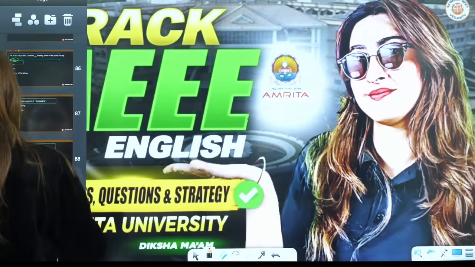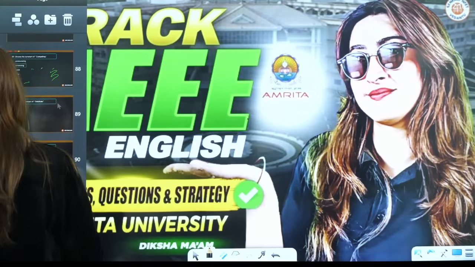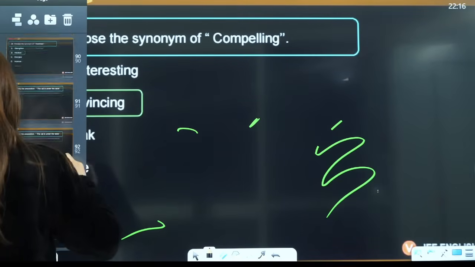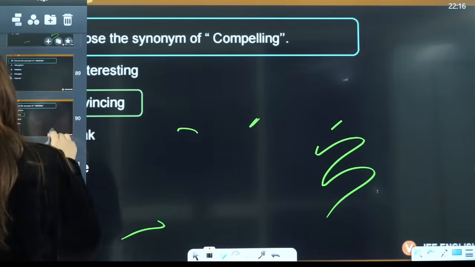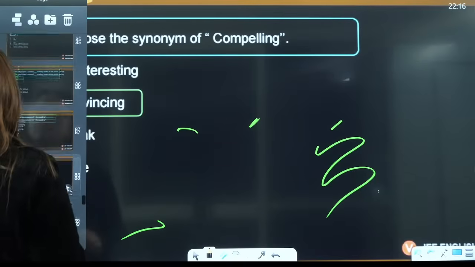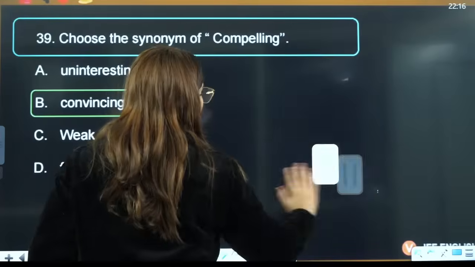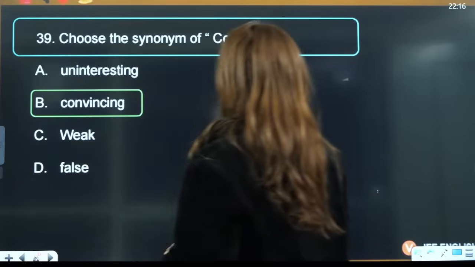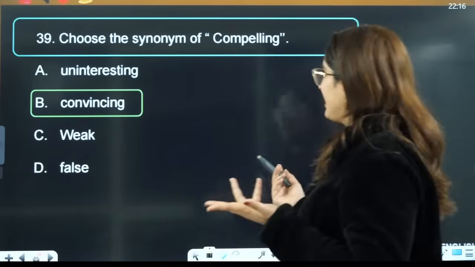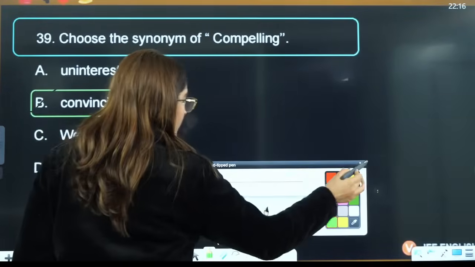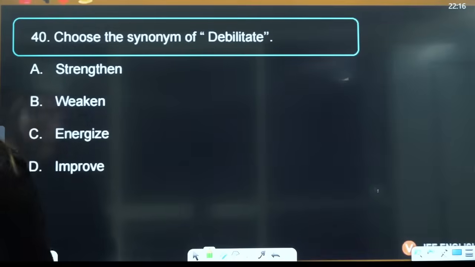Okay, I think we were here, right? We were at this. Here I was doing all that. Okay, so the answer was: choose the synonym of compelling. It is convincing, right? Then after that, what is the next question? Choose the synonym of deliberate.